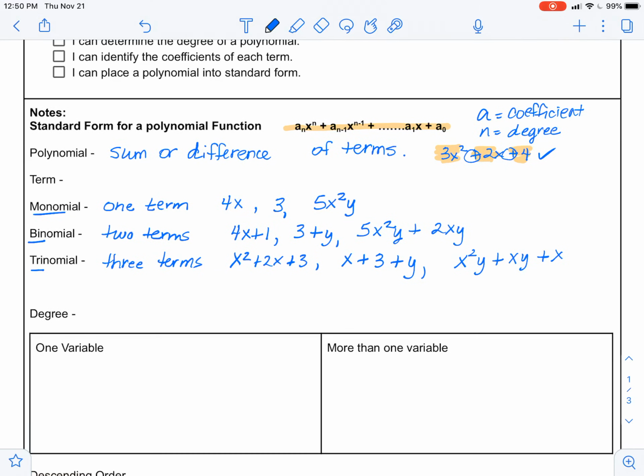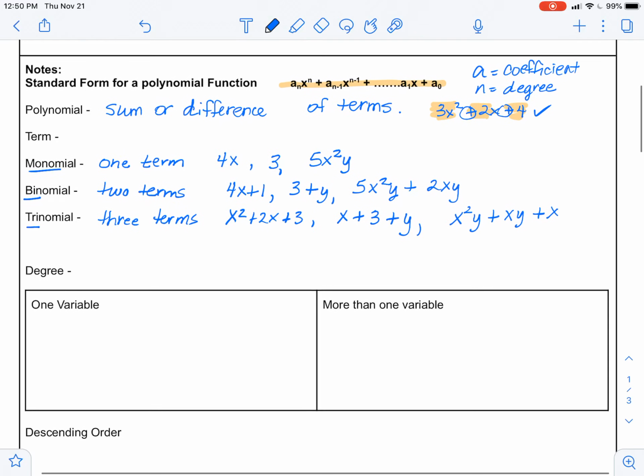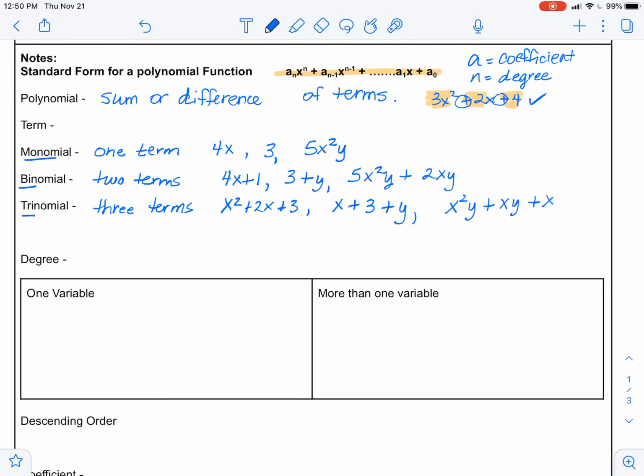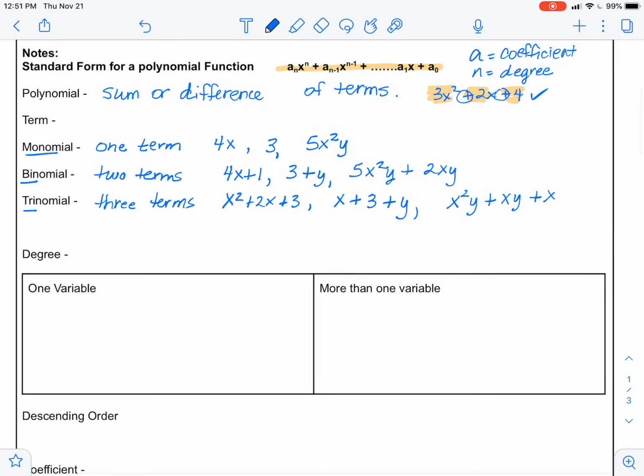Now, the other way that we name polynomial functions, other than the number of terms, is by the degree. So let's talk about how we find the degree. If your equation has one variable in it, then your degree is your highest exponent.